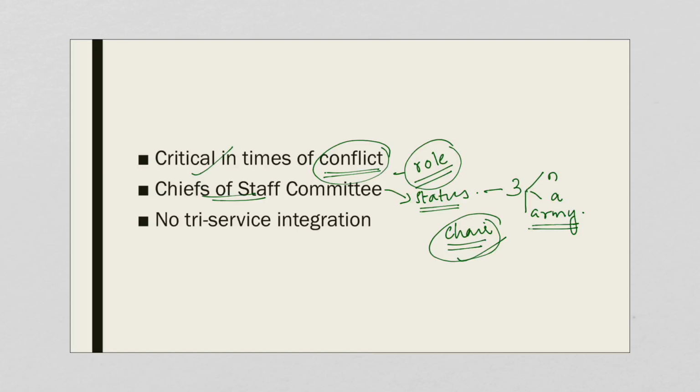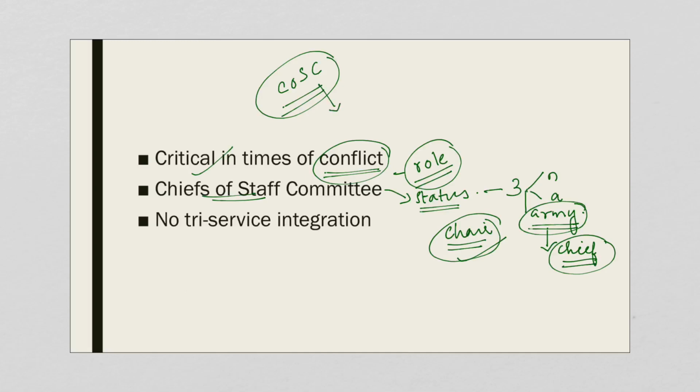At present, the chairman is the Chief of the Army Staff. So the Chief of the Army Staff currently serves as the chairman of this Chiefs of Staff Committee. Now talking about the powers of the COSC, that is the Chiefs of Staff Committee, the powers are very much limited, or we can say at present this is a toothless office.